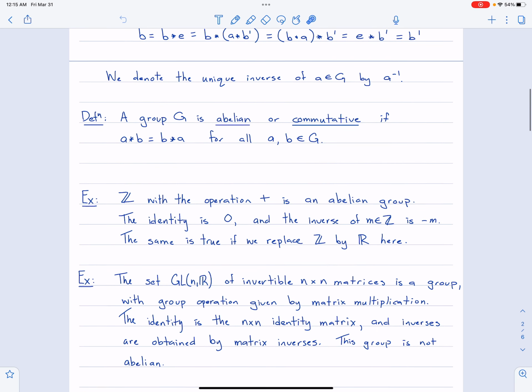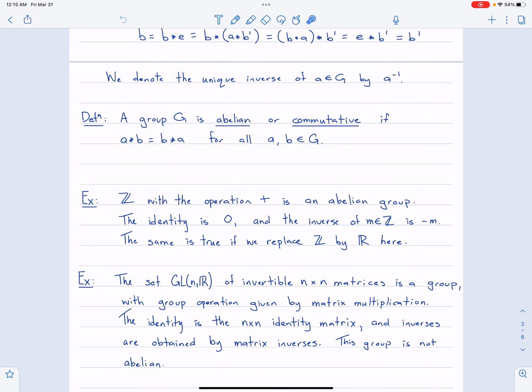The next example of a group is the set of all invertible n by n matrices. I'm looking at n by n matrices with real entries, and that's going to give me a group. The group operation is matrix multiplication. So I can take two n by n matrices and multiply them together to get a new n by n matrix.